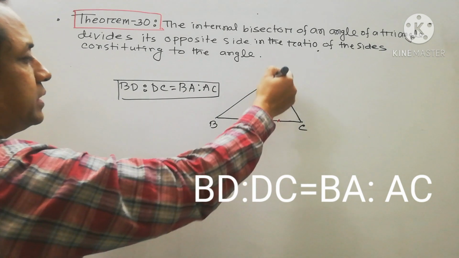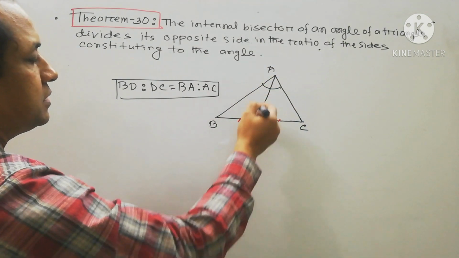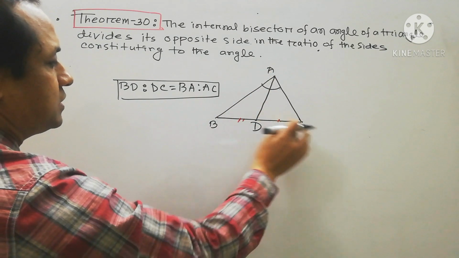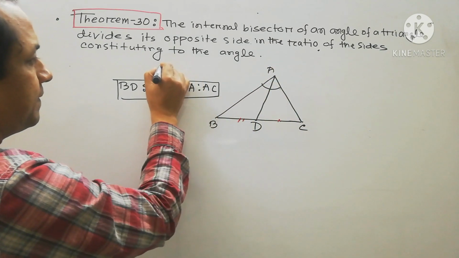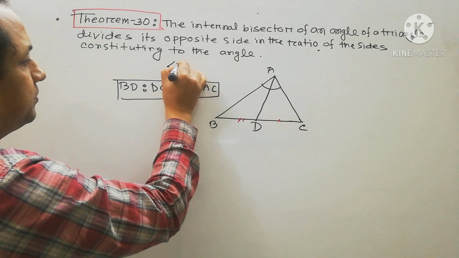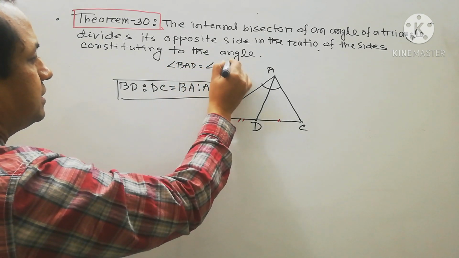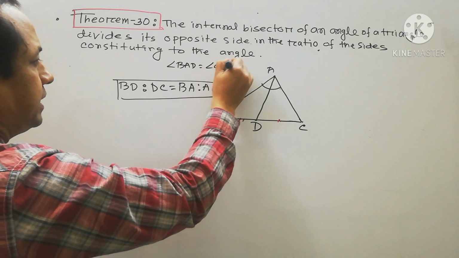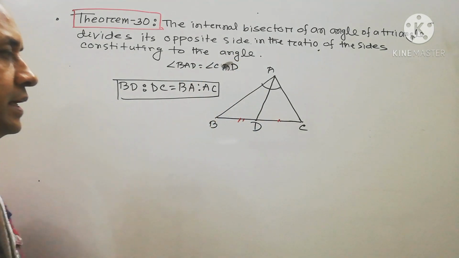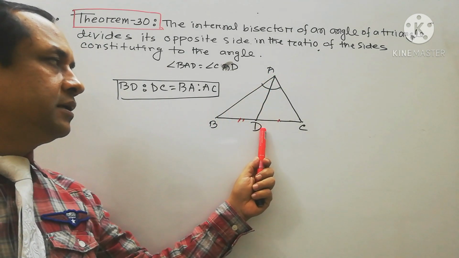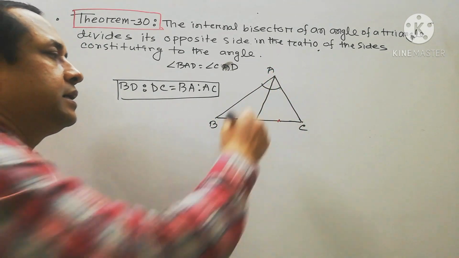Here, given, students, AD is a bisector, so angle BAD equals angle CAD.